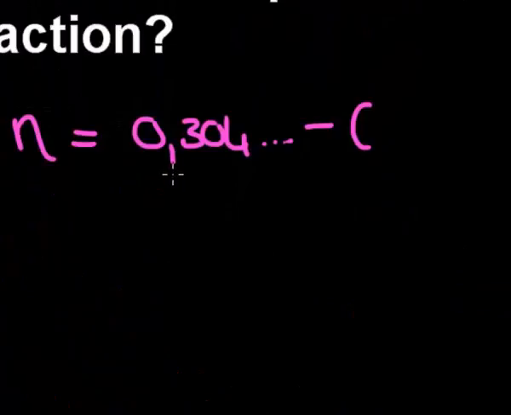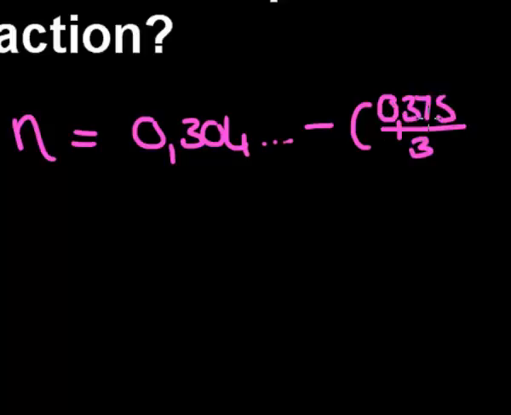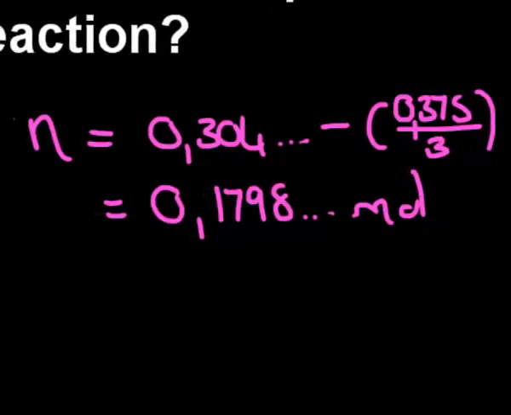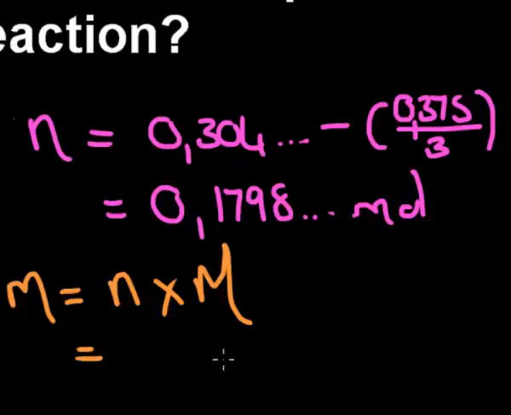So we will take our 0.304 with all its decimal places, and subtract from that our limiting reagent, but now remember it must be on the same molar ratio value, so we'll need to divide that 0.375 by 3 again, and then we will end up with 0.1798 moles. Once again, we're not going to round it off. It's not my final answer. From this, we're going to calculate the mass, which is moles times the molar mass of the compound.